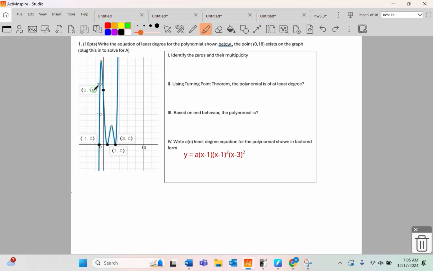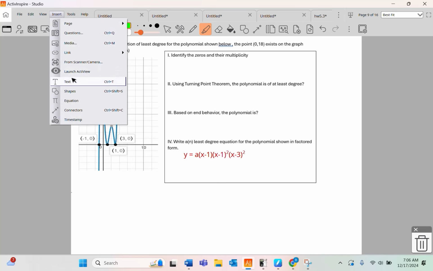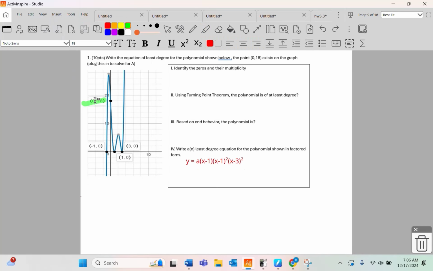Now, in order to actually figure out what a is, you need that point right there. So we're going to plug in a 0 for x and 18 for y. 18 equals a times 0 minus 1 times 0 minus 1 squared times 0 minus 3 quantity squared.